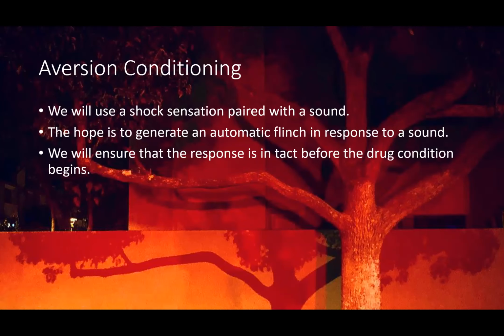Okay, so under the drug condition, the participants will be tested again at about 1.5 hours, and we'll see if the sound still produces the anticipatory freak out, if they still flinch. Their heart rate will be checked literally like 30 seconds before this occurs and before the drug is even given, to check if the drug has impacted heart rate.